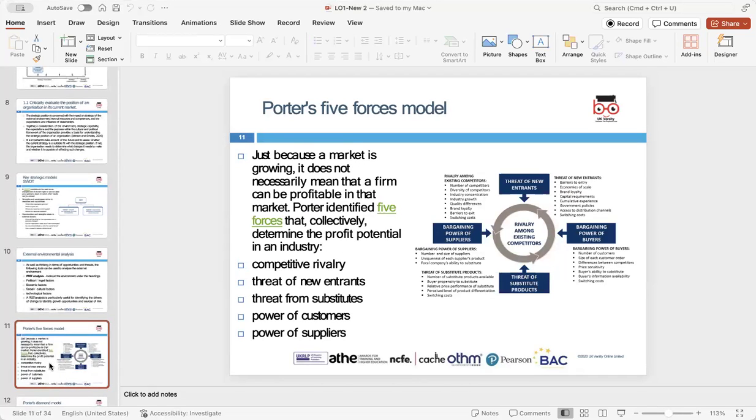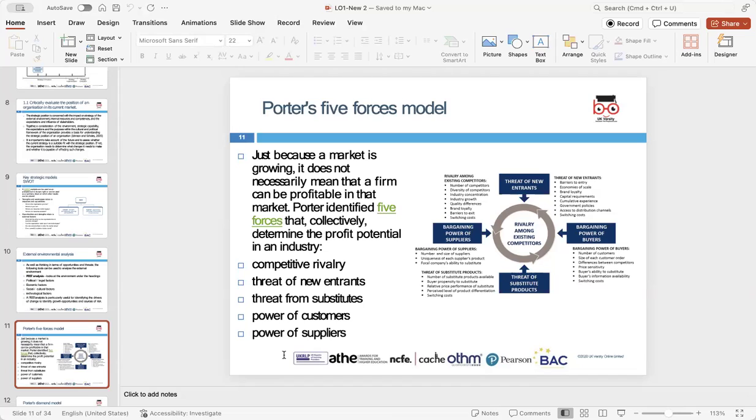Porter's Five Forces model. The five forces are competitive rivalry, the intensity of competition among existing firms in the industry; threat of new entrants, the likelihood that new competitors will enter the market; threat of substitutes, the potential for alternative products or services to replace existing offerings; power of customers, the influence that customers have on pricing and terms; and power of suppliers, the impact suppliers have on the cost and quality of materials.